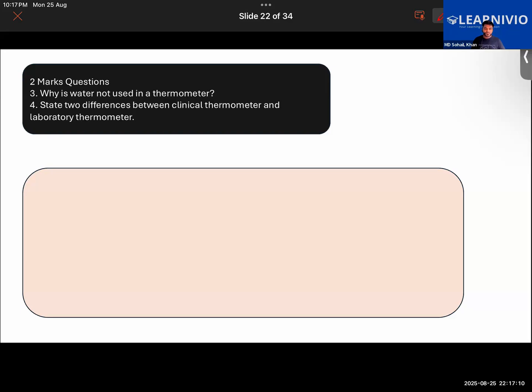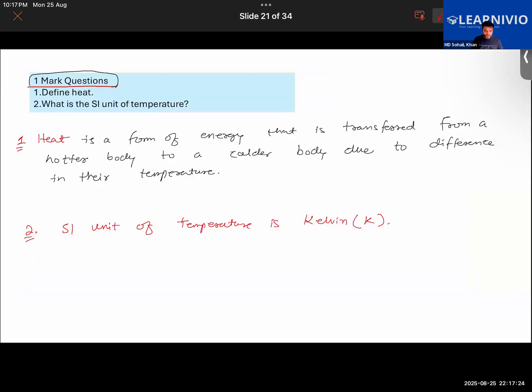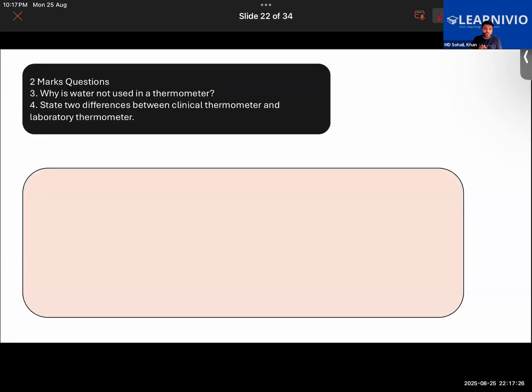You see, mercury and alcohol expand uniformly when they're heated, in a proper manner, so they give you precise measurement.